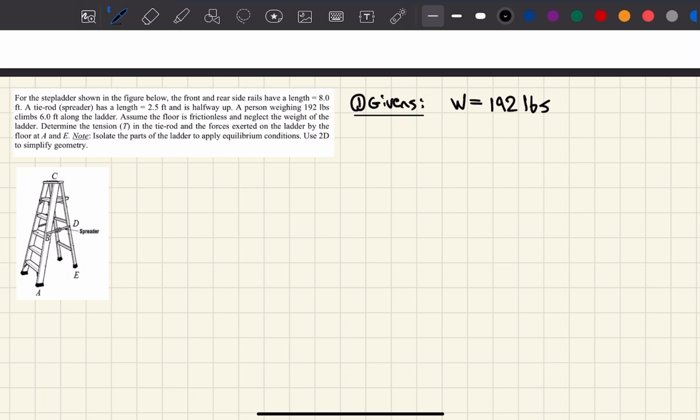We have a bunch of dimensions, but we're just going to draw them on a diagram, not a free body diagram, just a dimension diagram, just to, as the question said, simplify it in 2D. So we're just going to draw a diagram as if you're looking at the ladder from that angle. There we go.